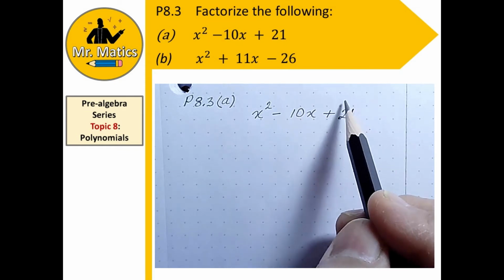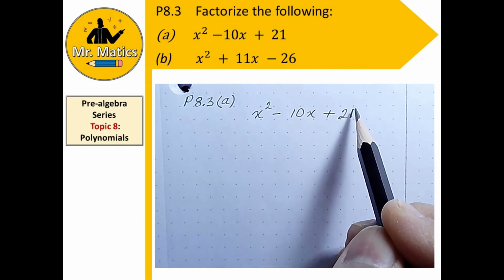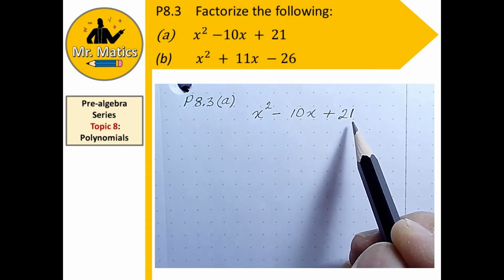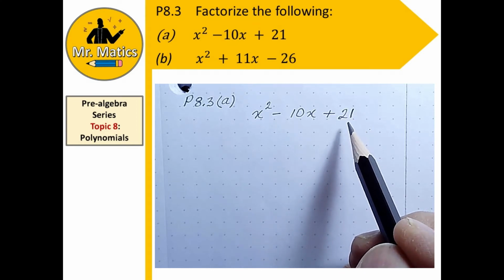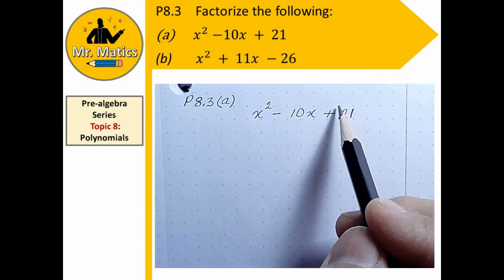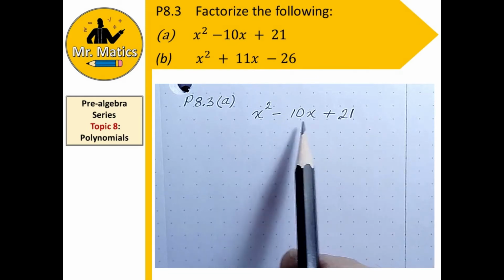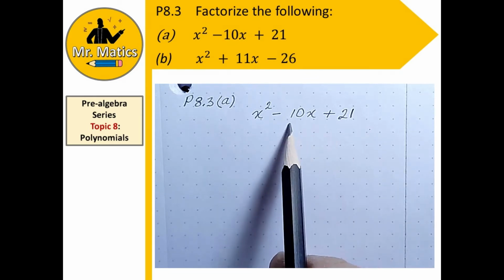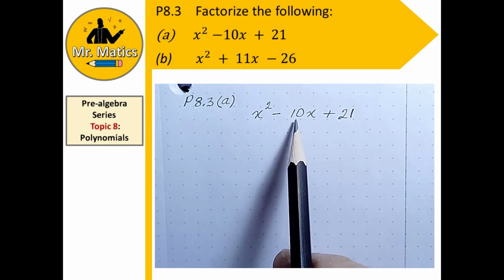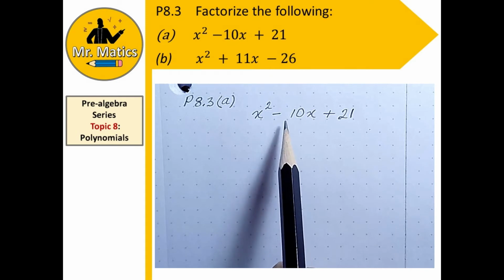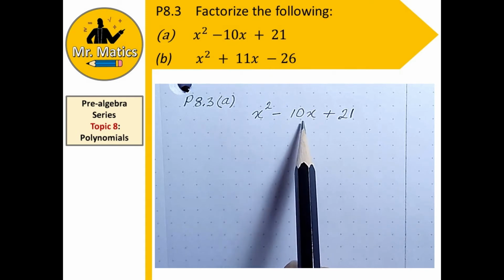So first you look at this number. This is 21. 21 has factors 3 and 7, or 1 and 21. Now 3 and 7, if I can make 3 and 7 add together, do I get 10? Yes. If I have minus 3 and minus 7, they together become minus 10.